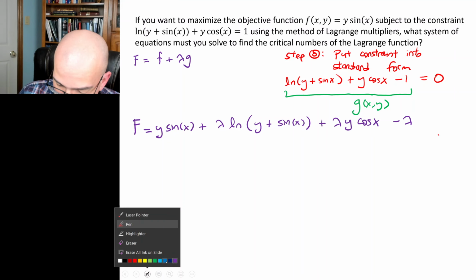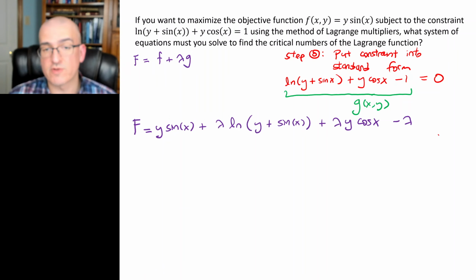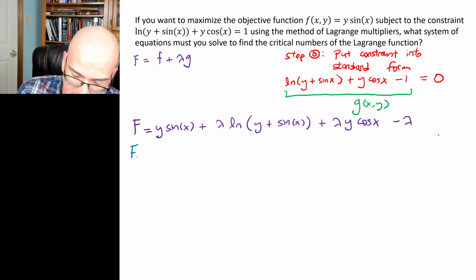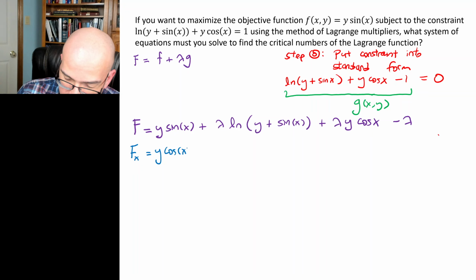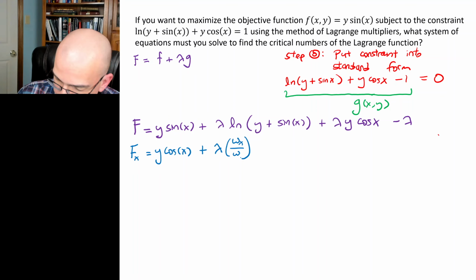Now we need to make our system of equations. Our system of equations comes from taking the three partial derivatives, the x, the y, and the lambda, and setting them all to 0. F sub x is equal to y times the cosine of x plus lambda times w sub x over w plus lambda y times the derivative of cosine of x, which is negative sine of x, minus 0.